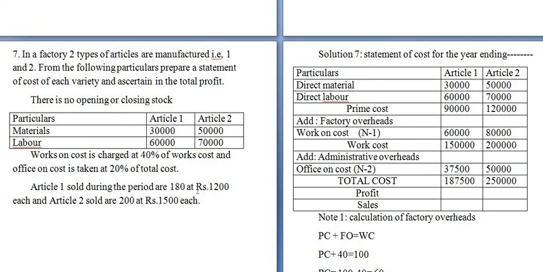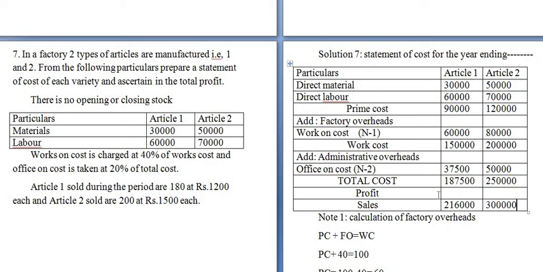So for article 1, 180 into 1200, how much will you get? Calculate it. That is 2,16,000. Yes, now for article 2, what they have told, 200 at rupees 1500 each. So 200 into 1500, you will get 3 lakh.